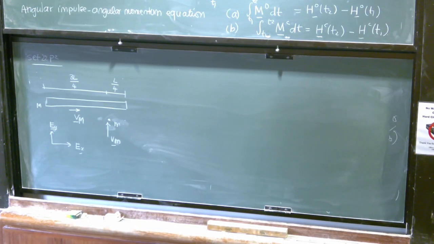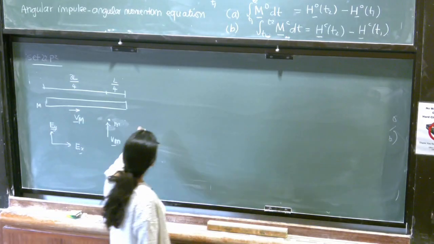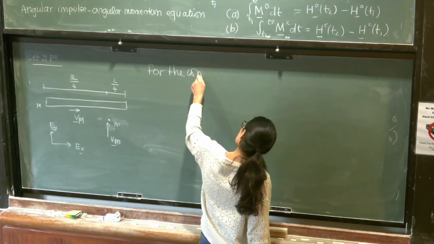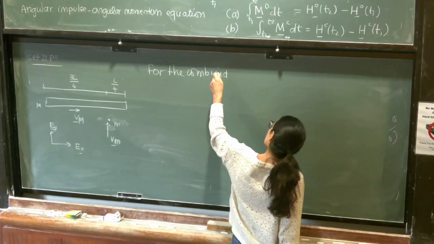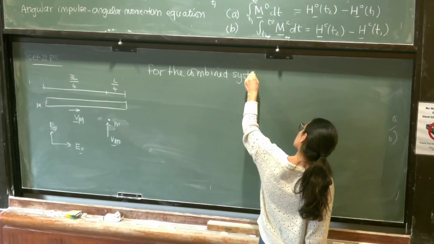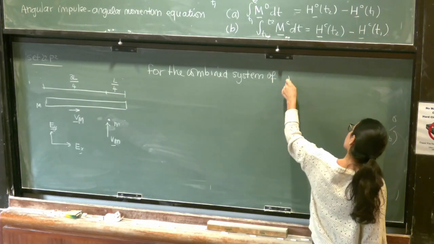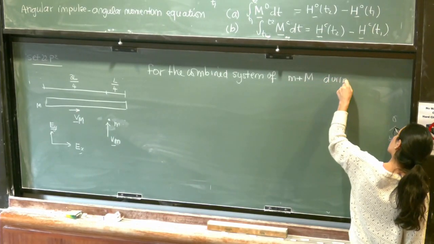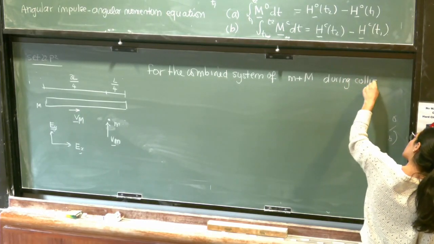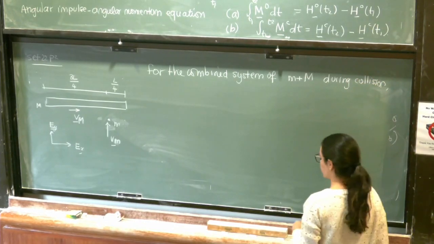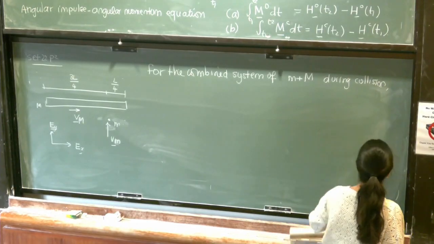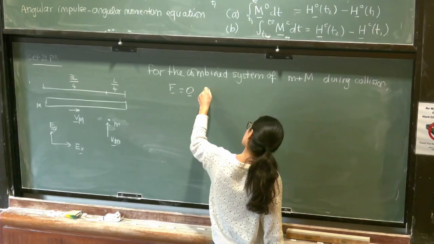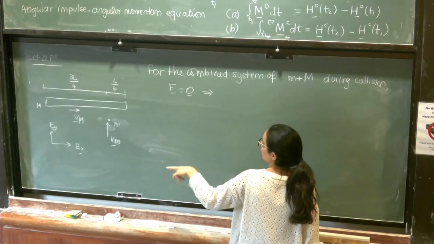So here we have two conservations for the combined system of M plus m during collision. The sum of external forces F is equal to 0.